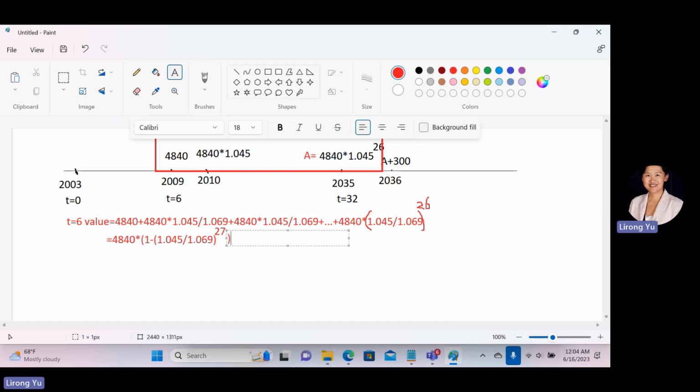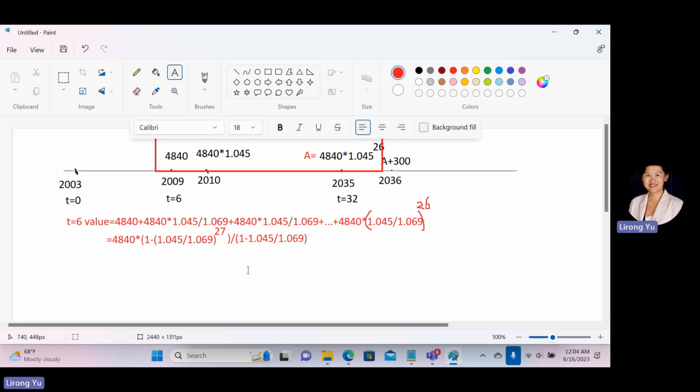And then this is divided by 1 minus the ratio, that is 1.045 over 1.069. Right, that's the t equal to 6 value for the geometric series payment.